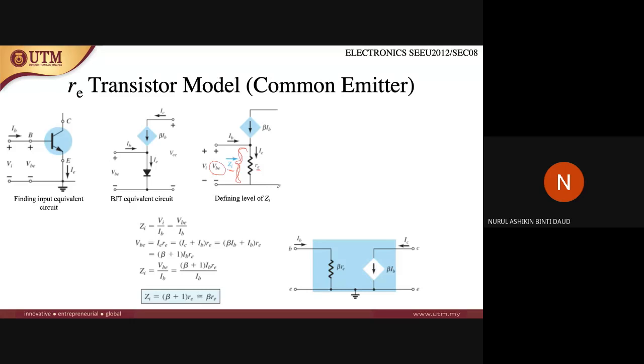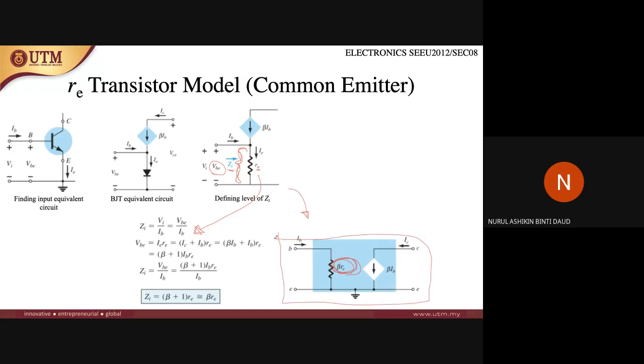So when you want to draw the AC equivalent circuit, we actually take into account the impedance. Is that okay? Because this is already calculated inside here. So be careful from here. That's why you have to understand the basic concept first.